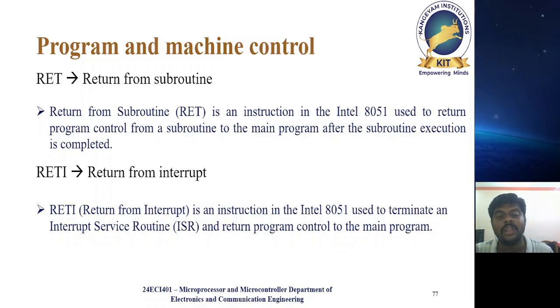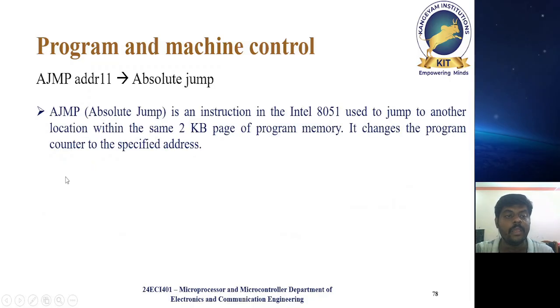Once the interrupt signal occurs, the CPU automatically goes to that interrupt service routine and starts executing that instruction. Once it is executed, it has to return back to the main program. So how does the CPU know that it is the end of the program? This instruction is provided to say that this is the end of the program, so that it can return back to the main program. So this is specifically for return from interrupt.